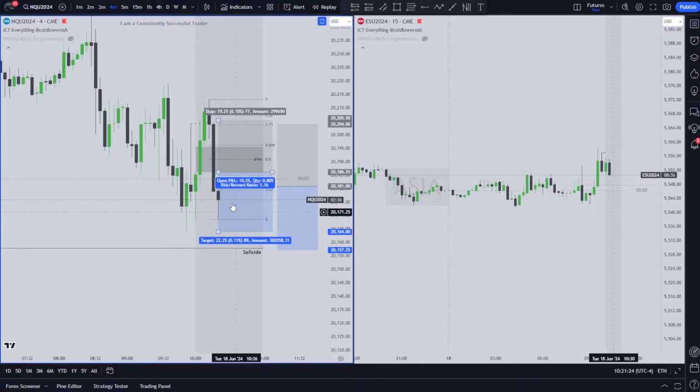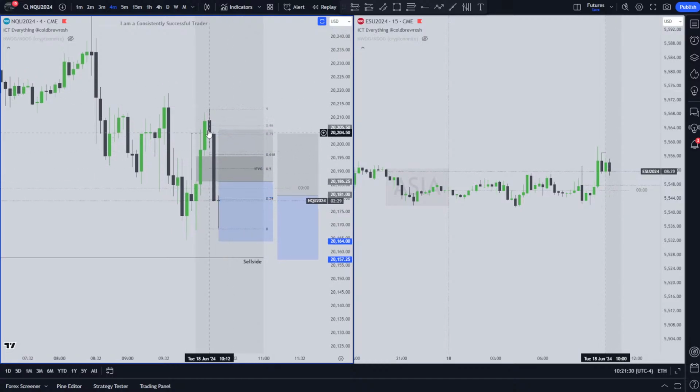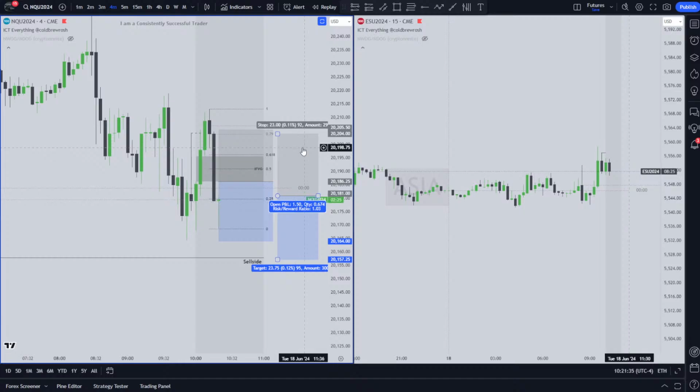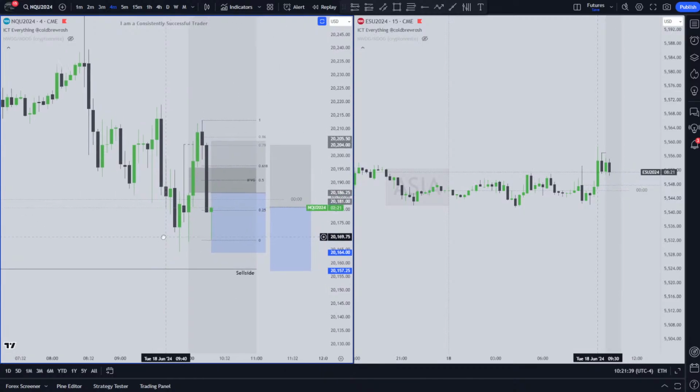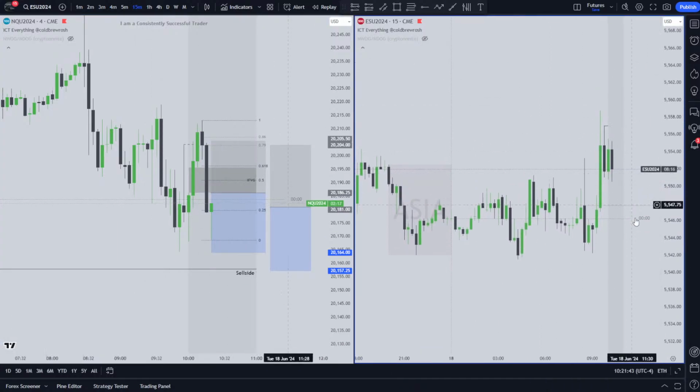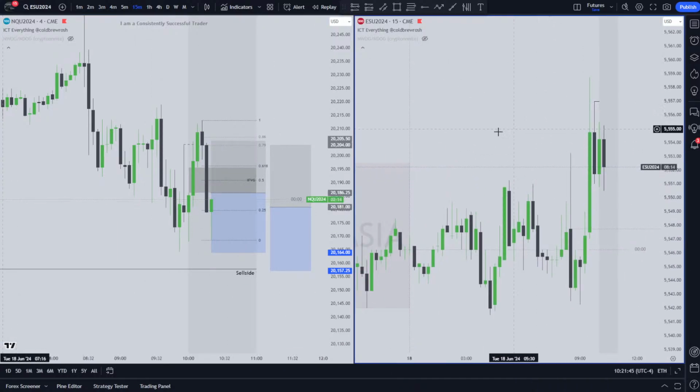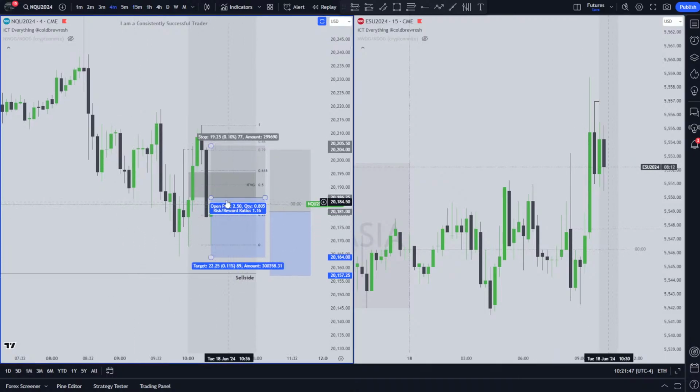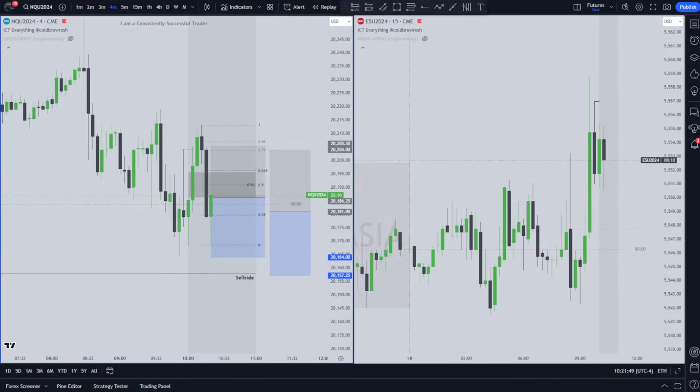So I would much rather, it's my way of not completely waiting for the retracement all the way at the top, but then also not just completely FOMOing and jumping in. So I'm still making sure the market's giving me a kind of retracement. Okay, so that's been tagged.